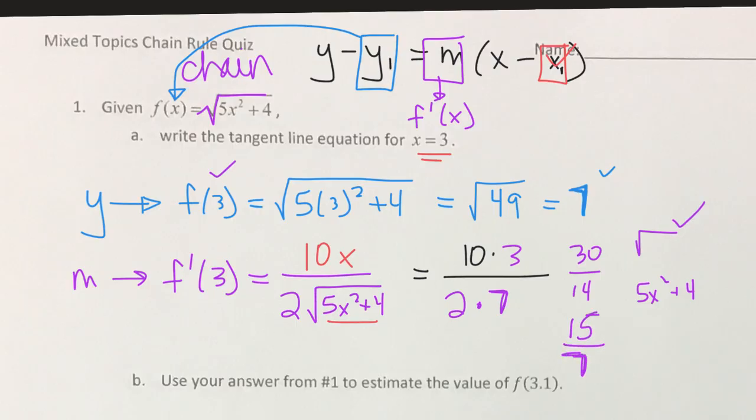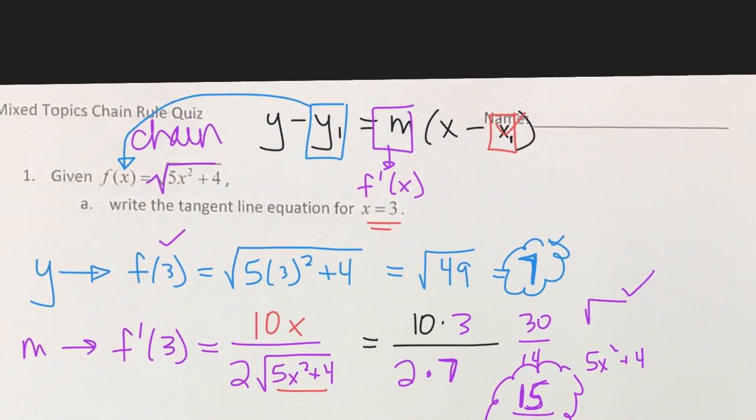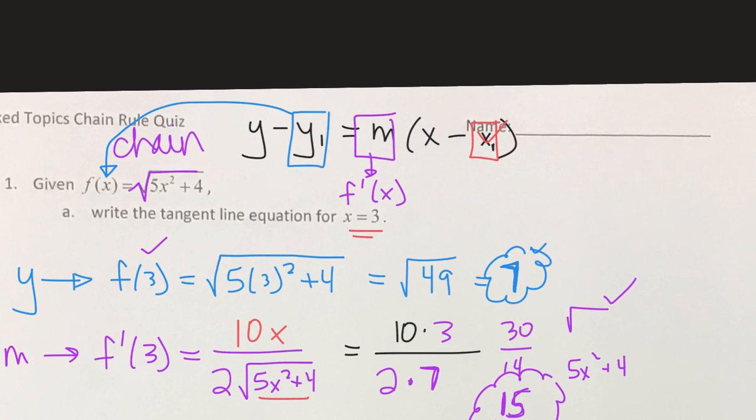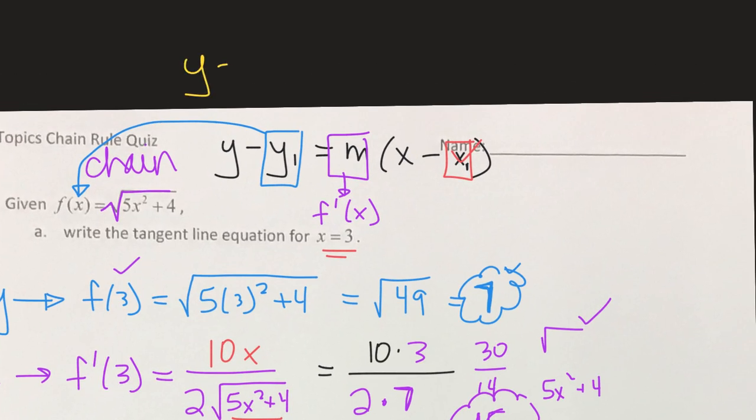So this is the slope of our equation right here. That's the slope. This is the y value for our equation. So we can write our answer as y minus 7 equals 15/7 times x minus 3.